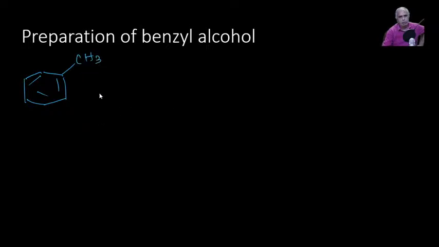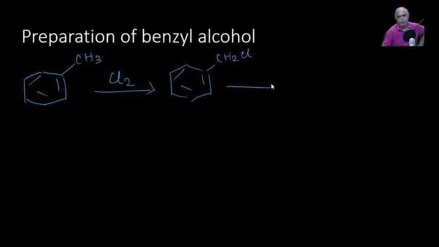Now it is subjected to chlorination so that you can get benzyl chloride. The side chain is chlorinated, CH2Cl, and then it is subjected to a reaction with NaOH. As I already mentioned, Na has affinity towards Cl, so you can remove NaCl and the hydroxylation takes place. So you have now CH2OH.